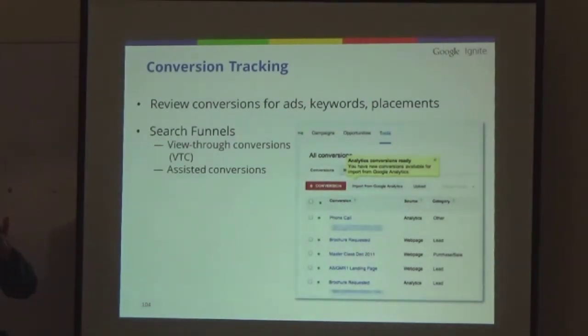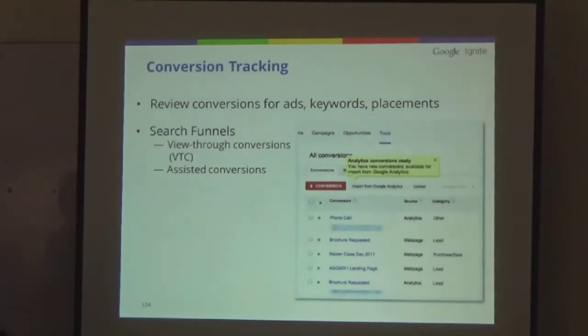So any ads that have impressions and are displayed, and the user is not clicking on those ads, but again that user browses or directly goes to the website and purchases, those ads will be recorded as VTC.